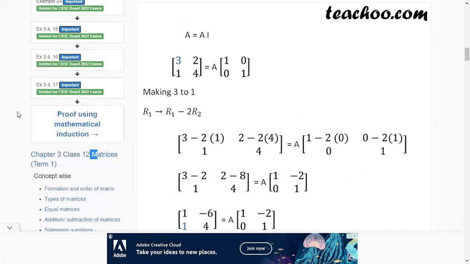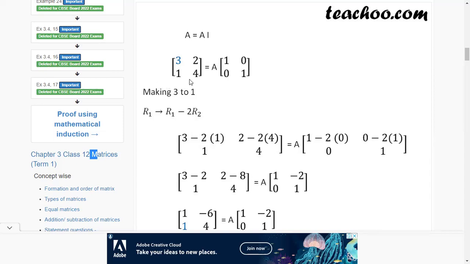How to do it? First I want to change my 3 to 1. I need 1 in place of 3, so what can I do? I can multiply 2 to this second row, isn't it?